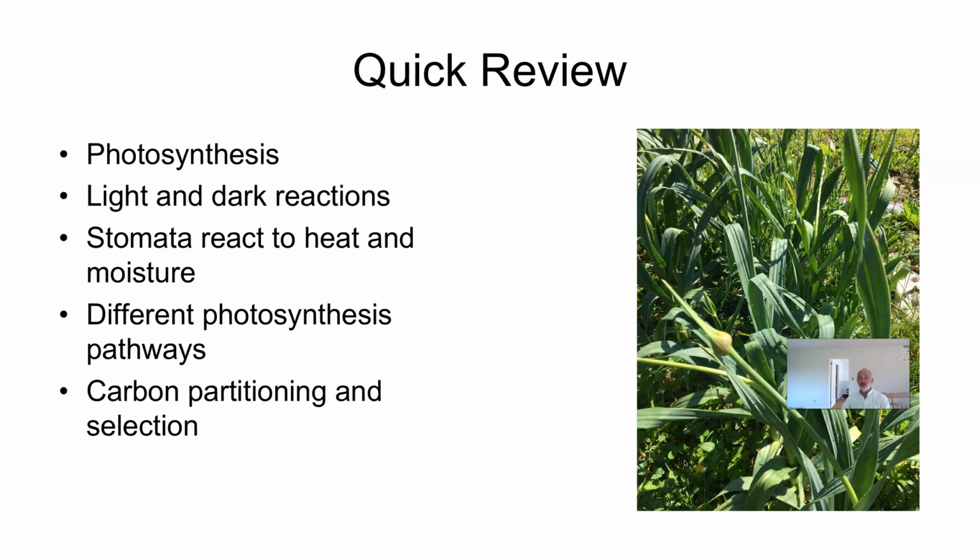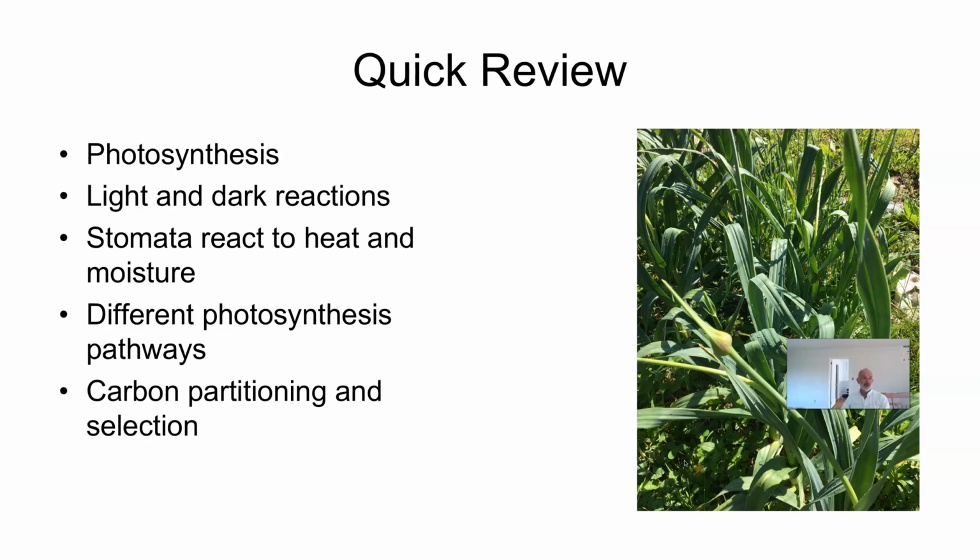We then talked about different photosynthetic pathways that have evolved. So the C4 pathway and the CAM photosynthetic pathway, both of which provide a way for plants to continue to bring in carbon dioxide and make it available for the dark reaction, even if the plant has to close its stomata because of high temperature and low humidity.